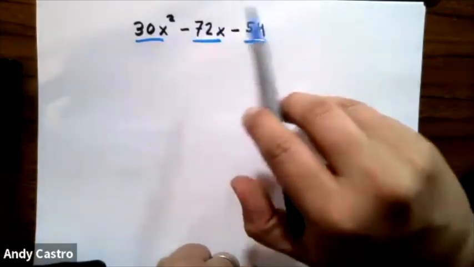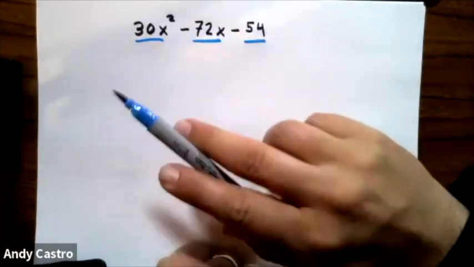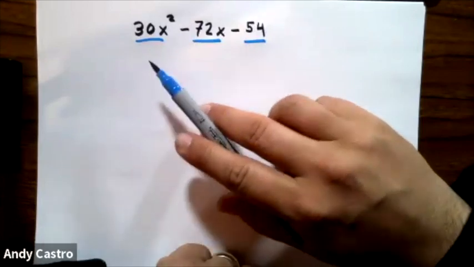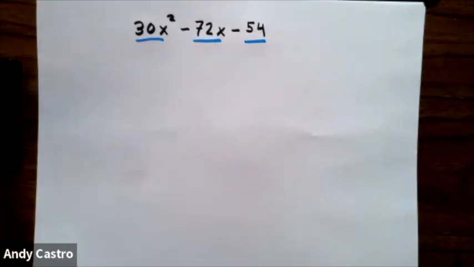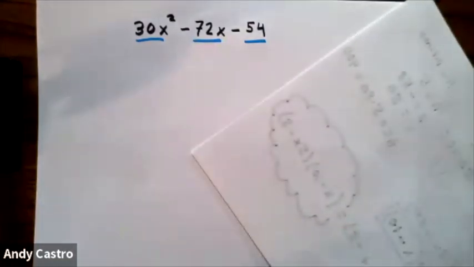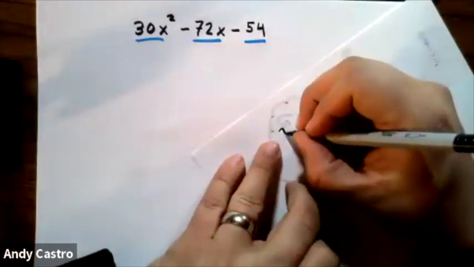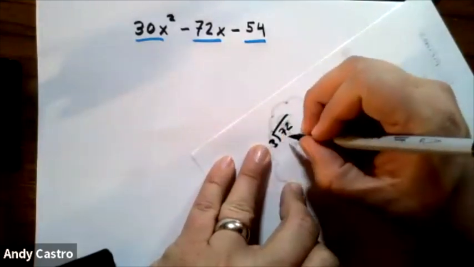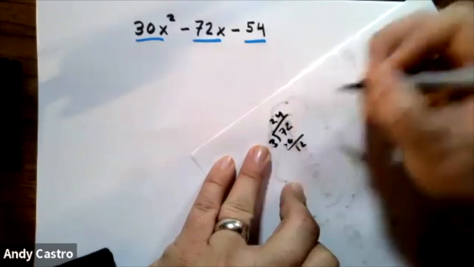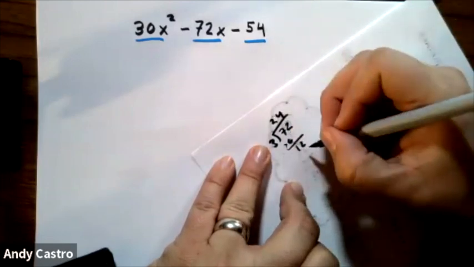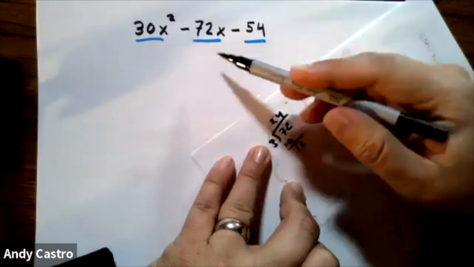So I've got a 0, a 2, and a 4, which tells me I can at least take a 2 out. I wonder if I can take a 3 out. Let me do some math on a piece of paper over here. Let's see if I can take a 3 out of the 72. Okay, so I know I could take a 3 out.